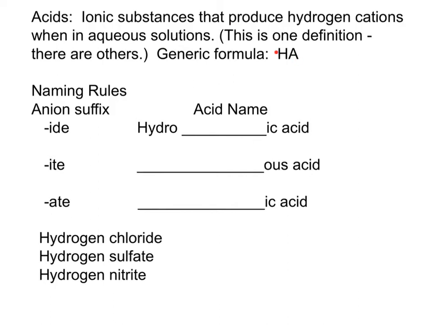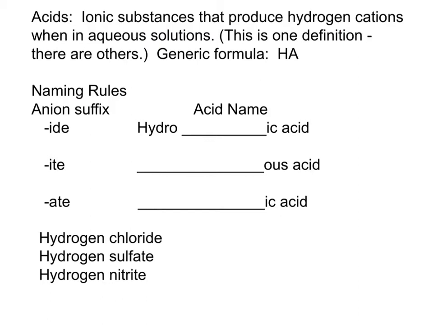But the generic formula would be HA, where the H is the hydrogen and then the A is the anion that the hydrogen is associated with. And when the HA, or the acid, dissolves in water, it's going to dissociate and produce these hydrogen ions as well as the anions.